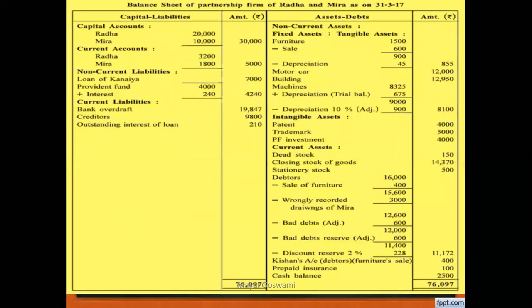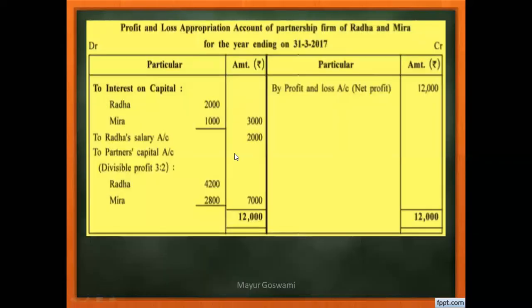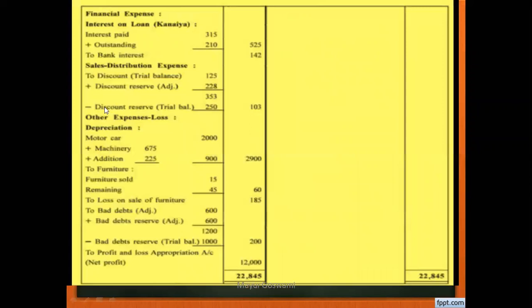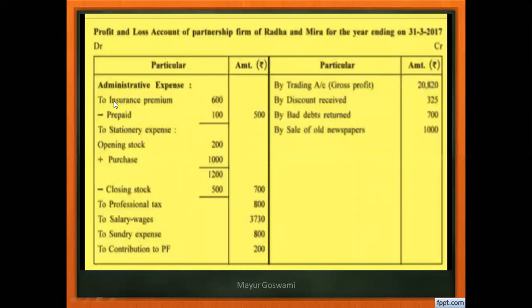Then after insurance premium is given, come to the P&L debit side to insurance premium in the inner column 600. But again we have a hidden adjustment here. Adjustment is given that out of 400, this 400 insurance is ending on 30 June, right?